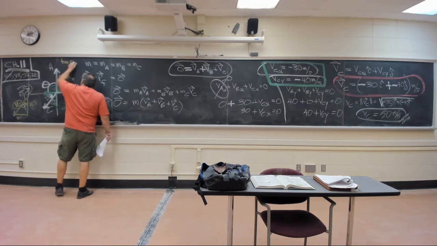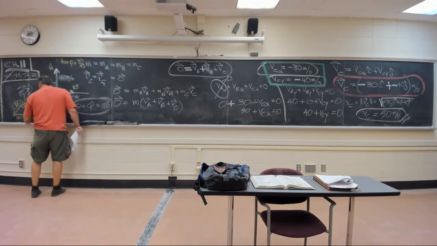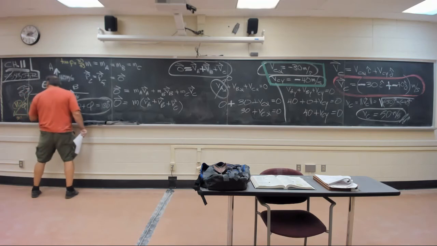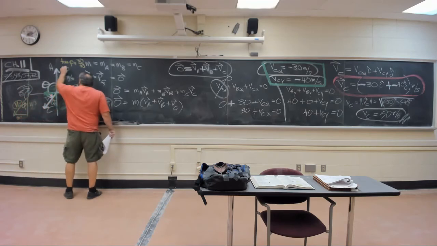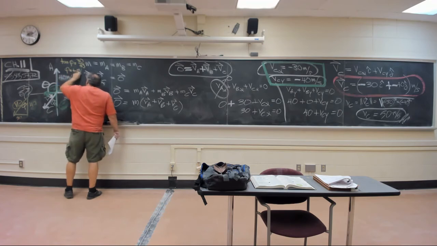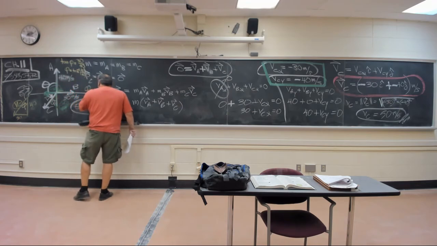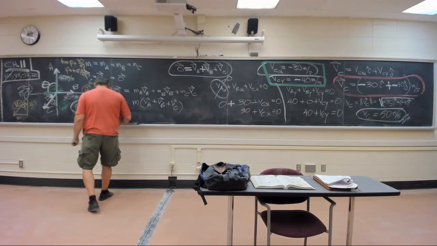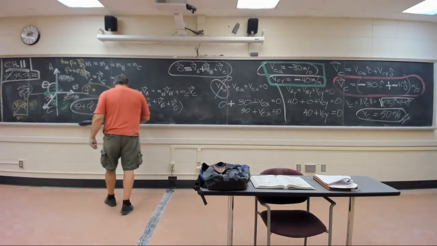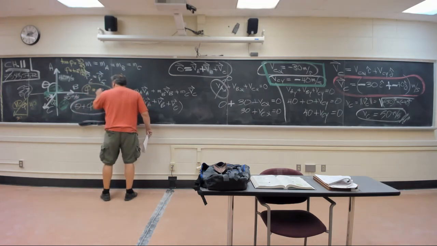Is that true? Yeah, it's true. It's opposite divided by adjacent. Phi is equal to the inverse tangent of that ratio, 3 over 4, 30 over 40, 0.75. Phi should come out to 53.1.